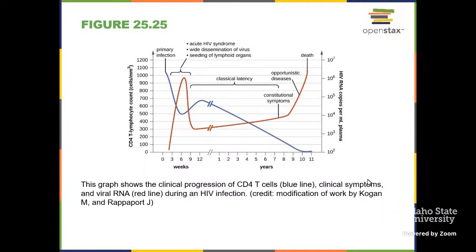As we get about 6 weeks into it, we see a peak with our HIV, and we see a dip with our T cells, all right? This is the acute HIV syndrome. You start feeling a little bit ill. Flu-like symptoms are a lot of the classical initial presentation with this.